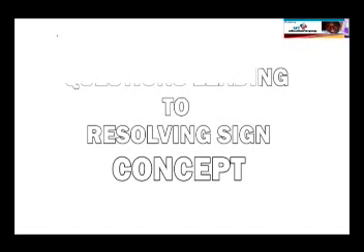Now let's talk about resolving signs. Now what does it take to resolve signs? There are cases where we don't have multiplication in the question.